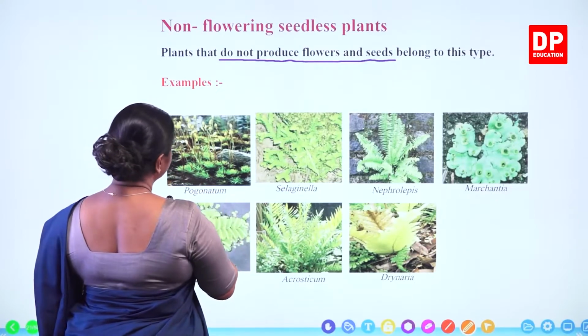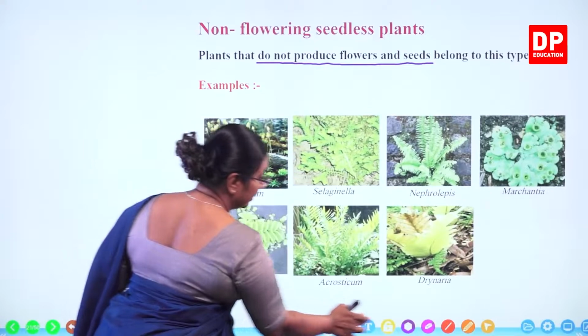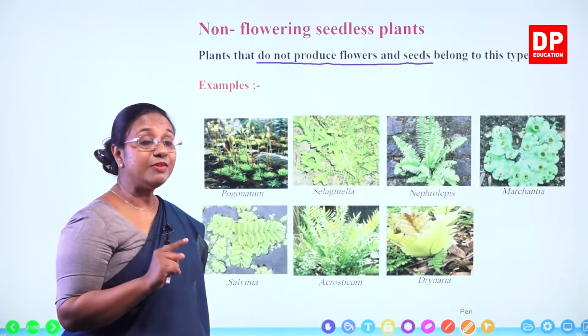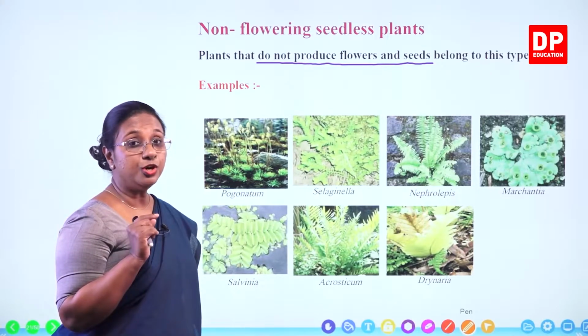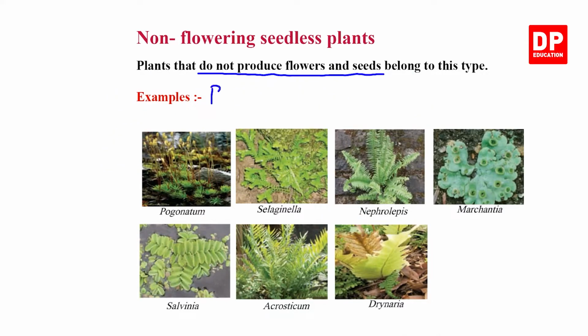So if we write the examples, again students, you can see these are all written in italics because those are the scientific names. So when we write them, what do we need to do? We need to underline the names. So Pogonatum, need to underline.